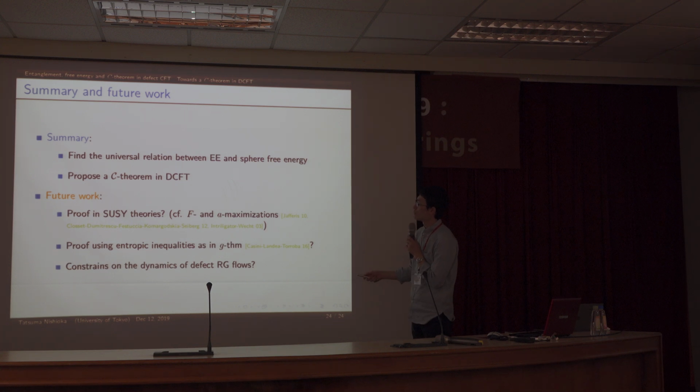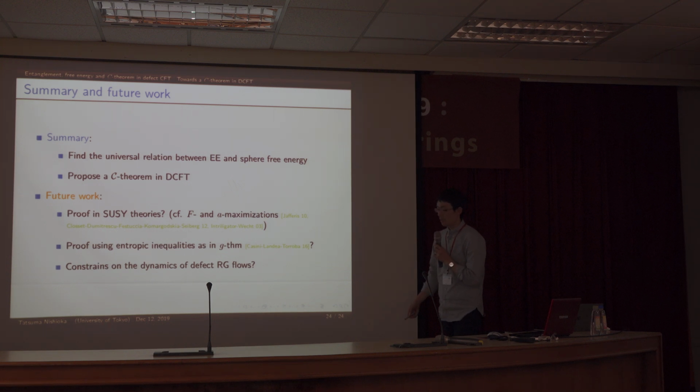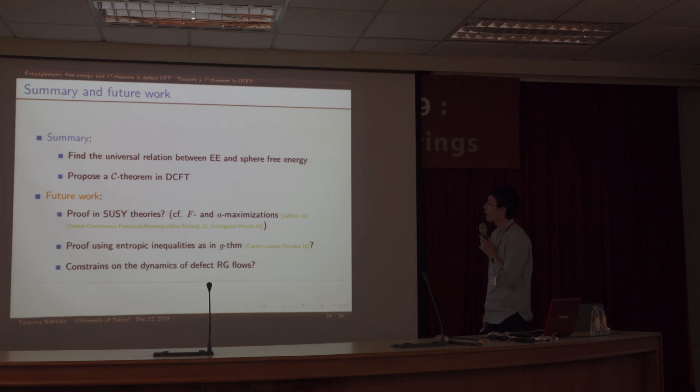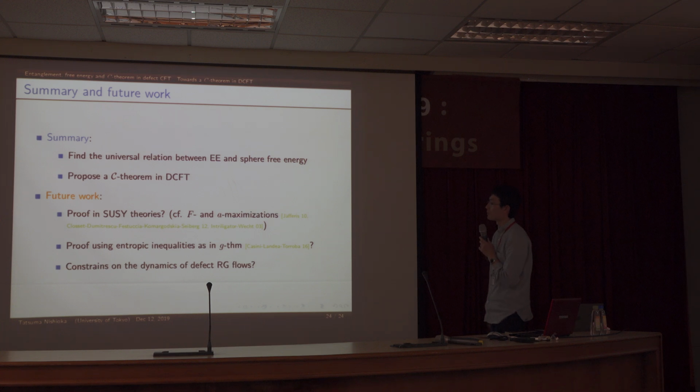As future work, it would be interesting to prove it, say, using supersymmetry. In the case of the A theorem or F theorem, there are proofs based on SUSY techniques known as F and A maximization. So it would be interesting to generalize these techniques to defect CFTs with supersymmetry. Also, the g theorem has a nice proof using entropic inequalities of entanglement entropy.